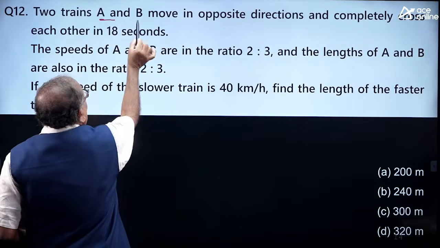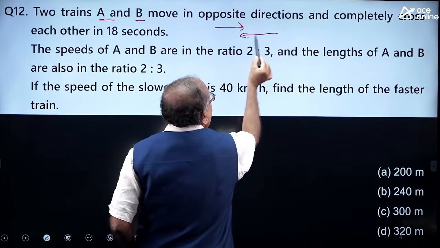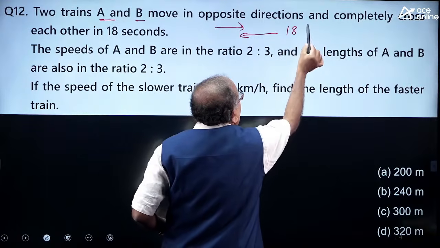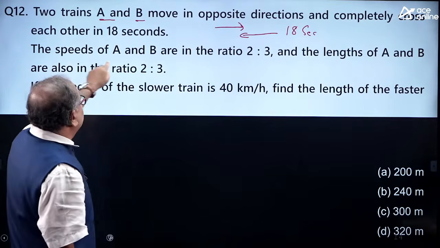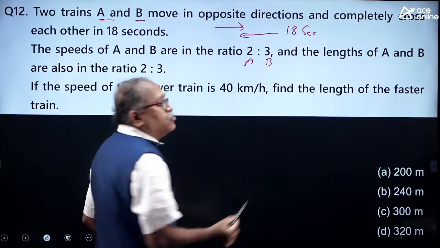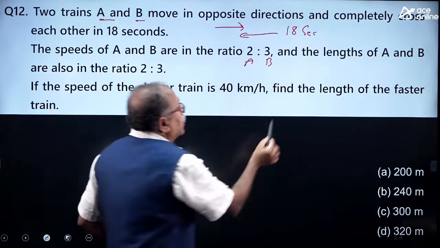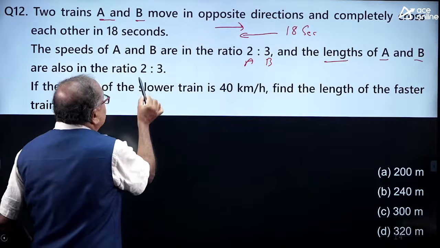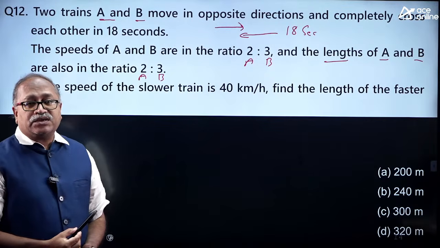Now, trains A and B are moving in opposite directions, and completely cross each other in 18 seconds. And next it says the speed of A and B, this is A and this is B, is 2:3. So, I can see B's speed is greater than A, and the length of A and B is also in the ratio of 2:3. The length ratio is given.